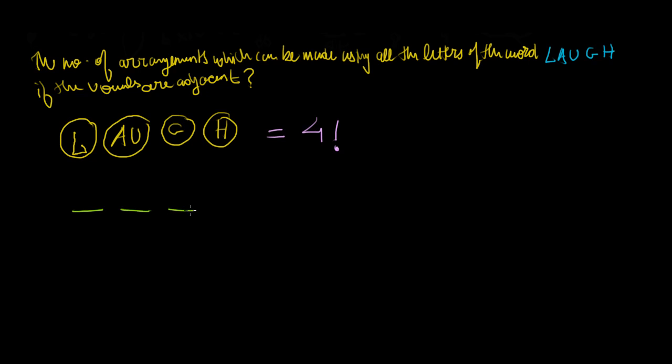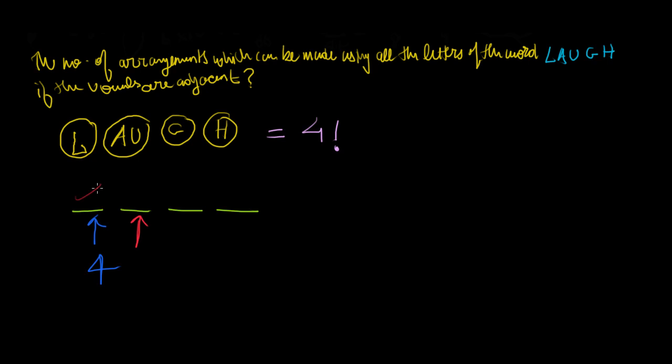You can think that I have 4 blanks here, and I have to fill each one of them with each of these 4 objects, right? So the number of ways to fill the first blank is how many? I can either fill L or AU or G or H. So I have 4 ways to do this. And how many ways can I fill the next one?